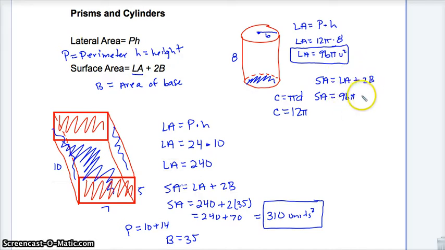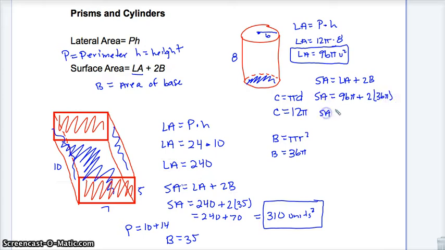The area of my base we can find by doing pi r squared. The radius here is 6, so the area of my base is 36 pi. Okay, I have 2 of those bases, so 2 times 36 pi.